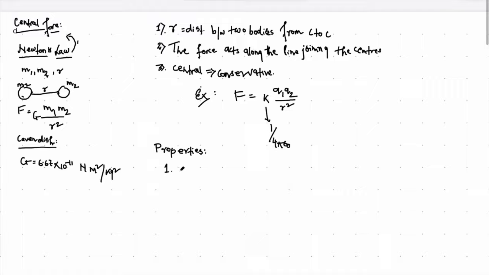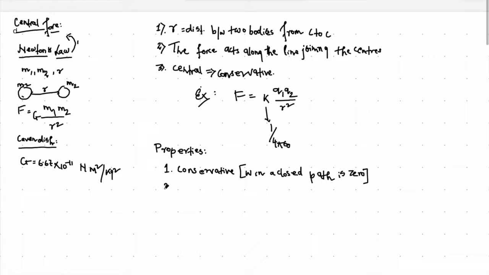The first property is that central force is conservative, and it simply means that the work done in a closed path is 0. So that's the first thing that we should know about central force.